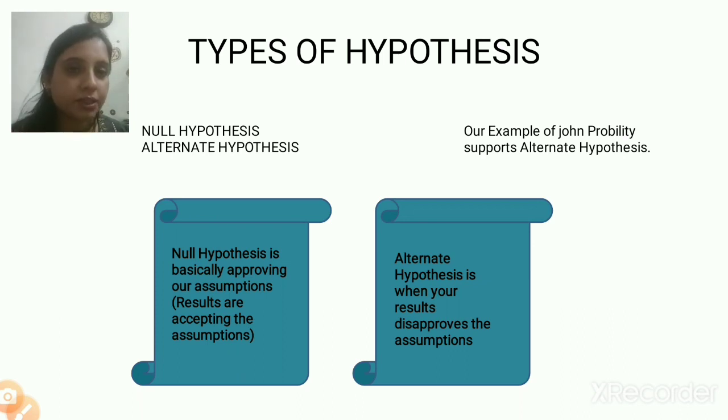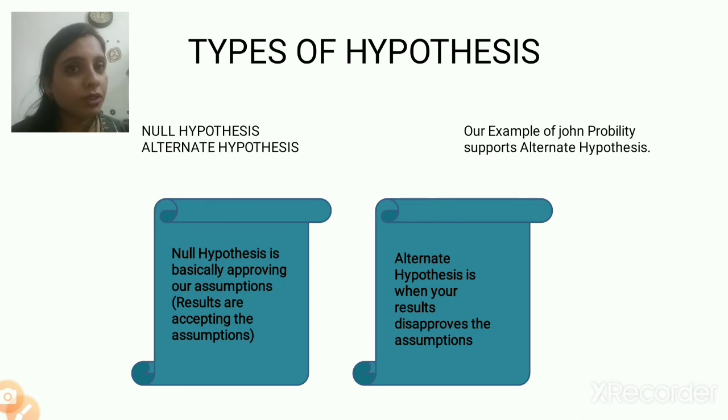So if we consider our same example of John, initially we assumed that John is not cheating, and what we are getting is that John is cheating. It is exactly opposite. So ultimately, what we are supporting in this particular example is the alternate hypothesis, because the result we are getting is not supporting the assumptions we made during the initial stages.